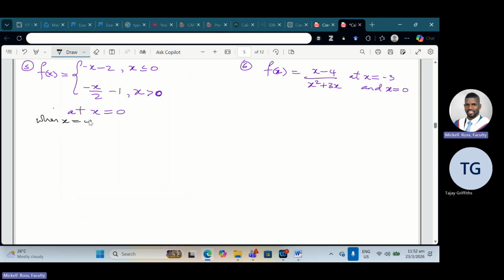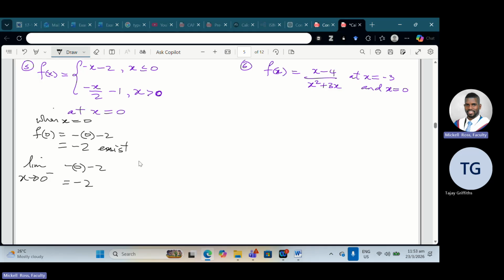When x is equal to 0, f of 0 is equal to negative of 0, so this is just negative 2. So we know that the function exists. Approaching 0 from the left-hand side or the right-hand side, the limit as x approaches 0 from the left-hand side, we're going to use this function.